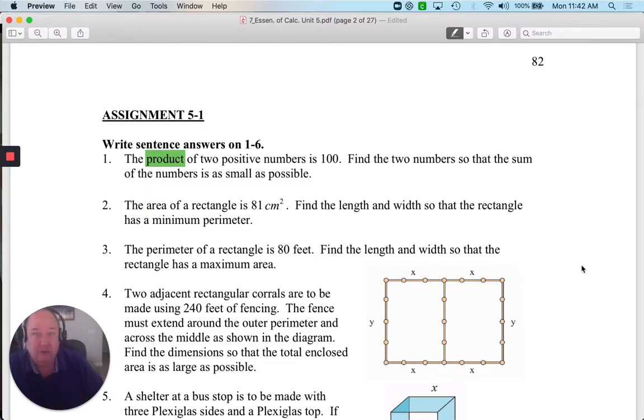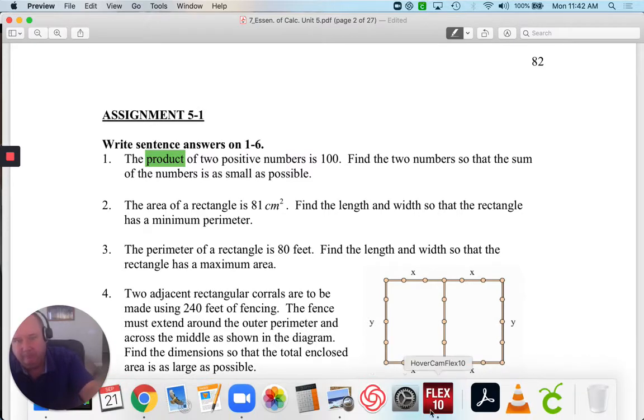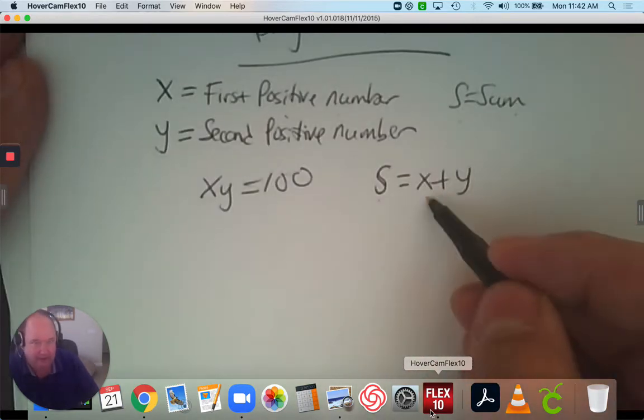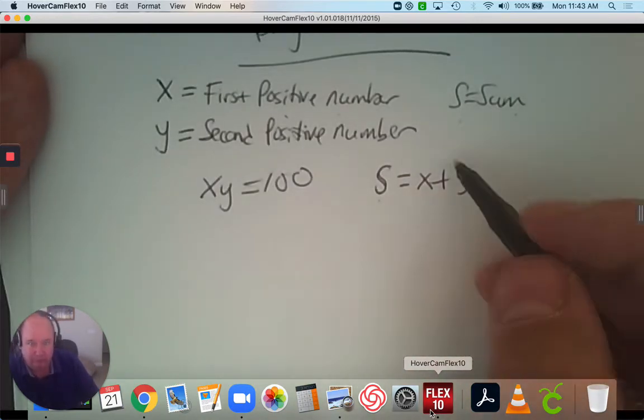I'm going to use the letter S to be sum. My equation is the sum of the two numbers to be as small as possible. So S is my sum. I'm saying the sum x plus y, we want to be as small as possible.